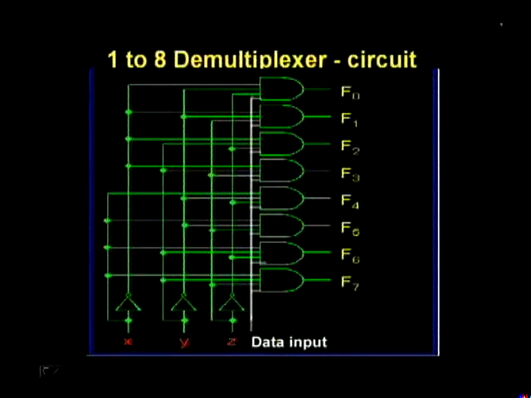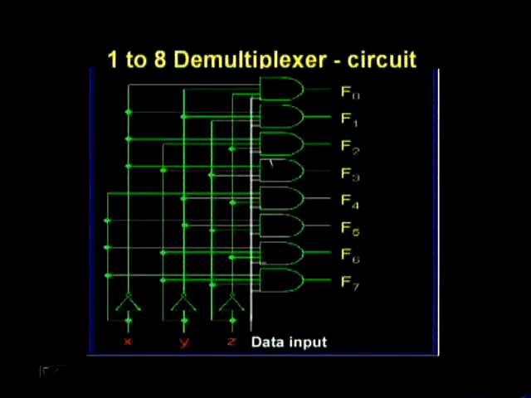Now we see this idea can be extended to a 1 to 8 demultiplexer. As shown in this slide, it has 3 selection inputs and 8 outputs F0 to F7, and 1 data input in white color. It is connected to all AND gates as input. We have already seen one of these AND gates output will be high at a given time.